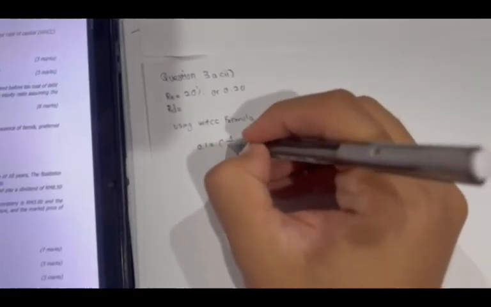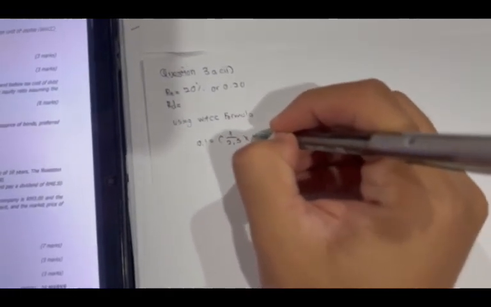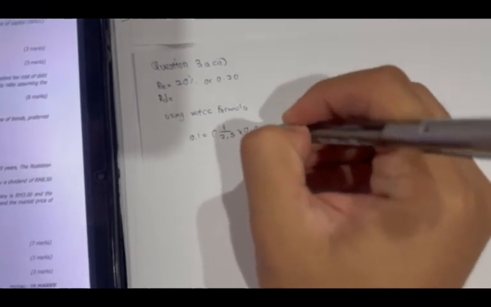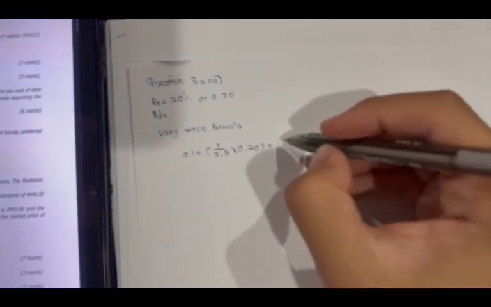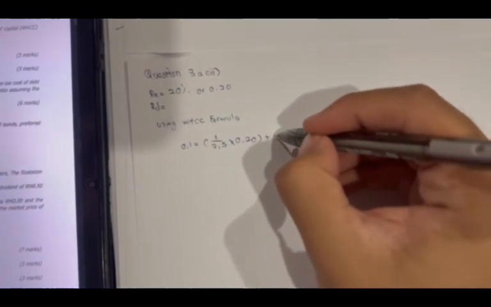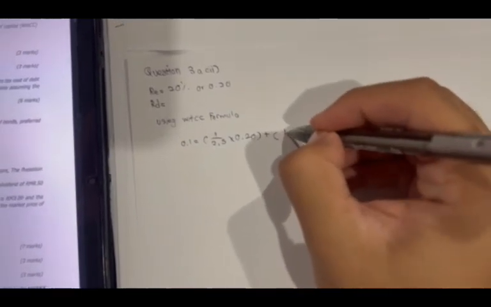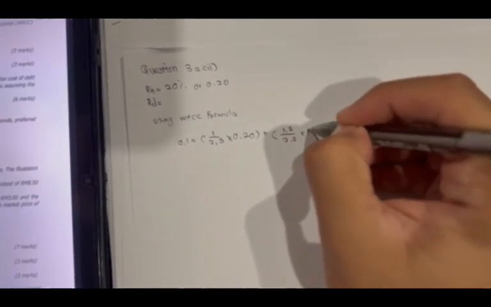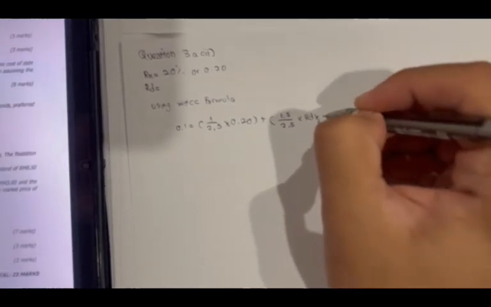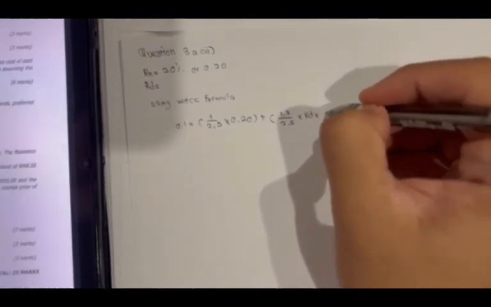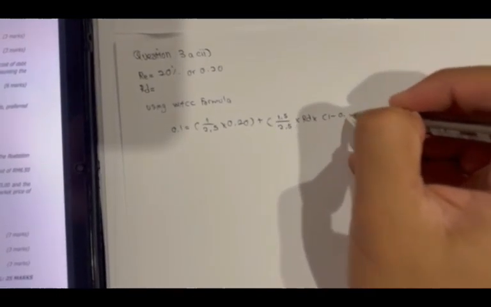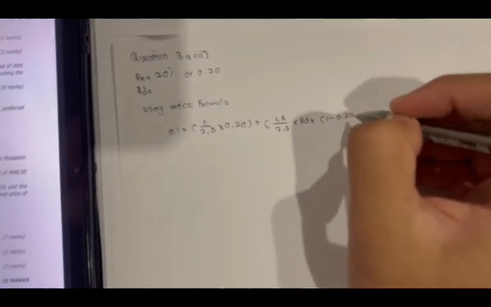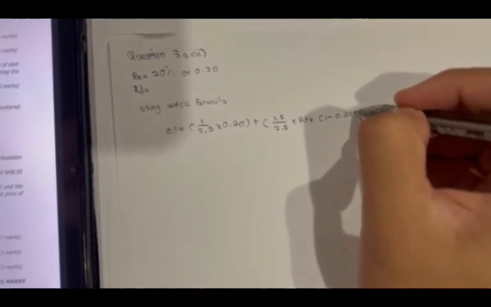Bracket 1 over 2.5 times 0.20 plus bracket 1.5 over 2.5 times RD, since we don't know RD, times 1 minus 0.3.